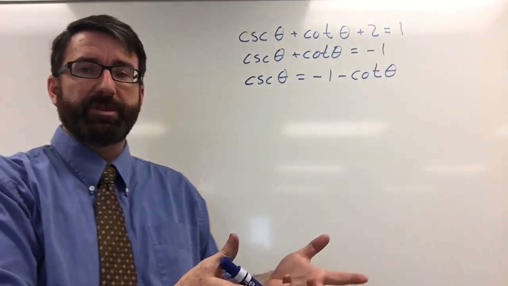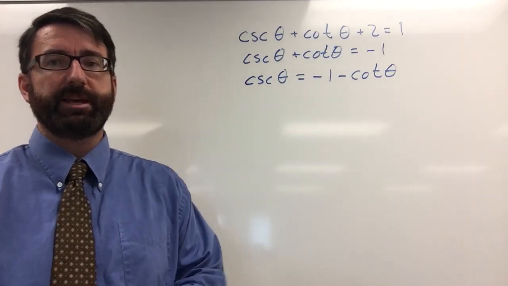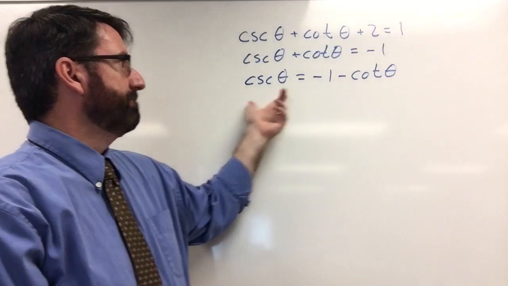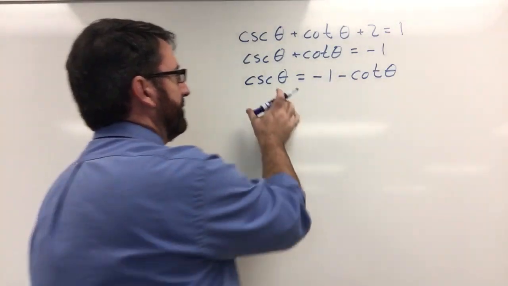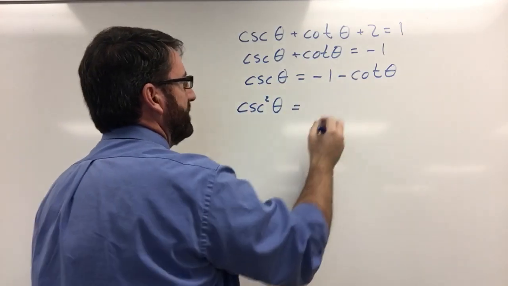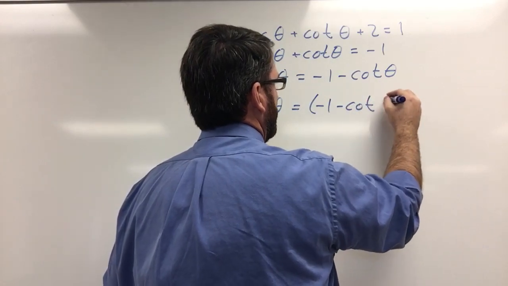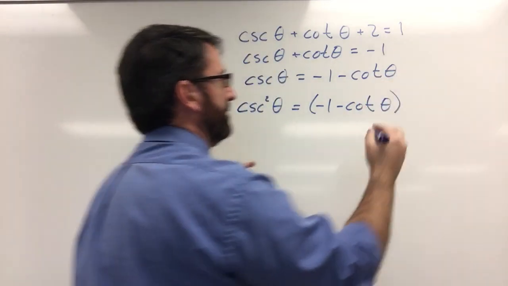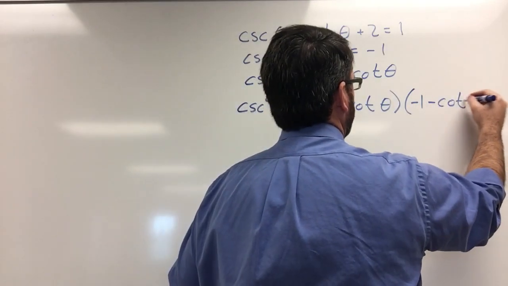We use our Pythagorean identity, 1 plus cotangent squared equals cosecant squared, to get these to be the same trig function. So if we square both sides, we get cosecant squared is equal to all of this squared. So -1 minus cotangent theta squared, and I'm going to write that as times -1 minus cotangent theta.